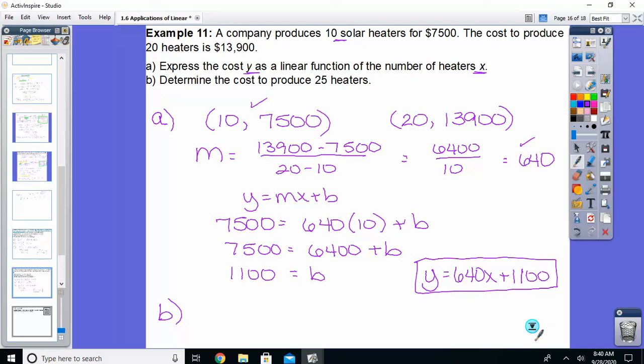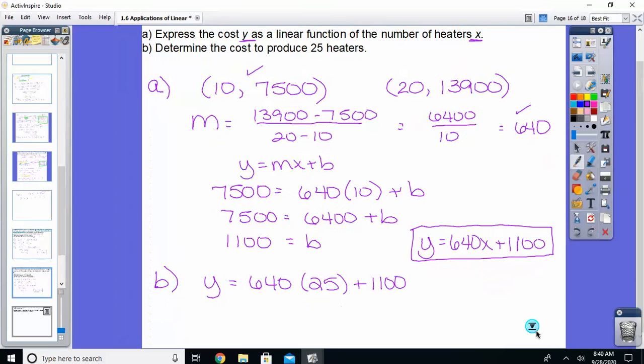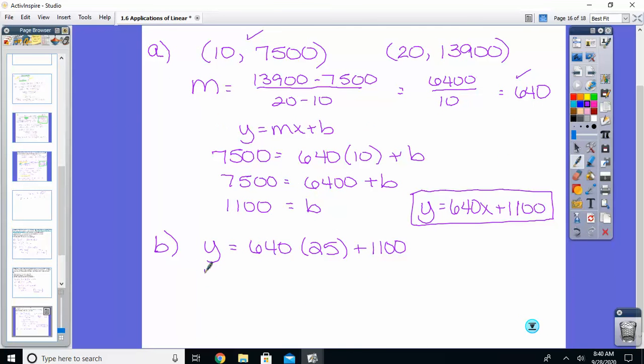B says determine the cost to produce 25 heaters. So what do we do? Yep. X was the number of heaters, so my x is 25. Okay, 640 times 25. What is it? $16,000.